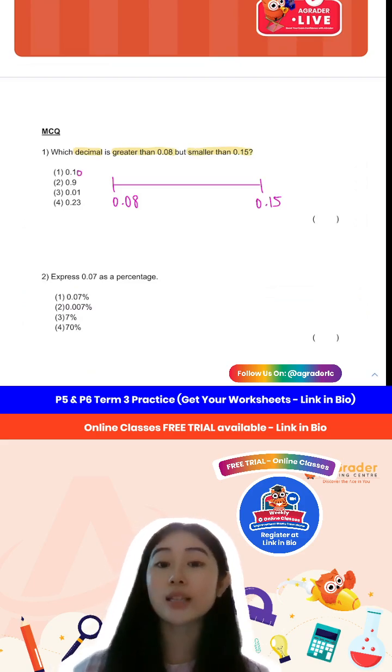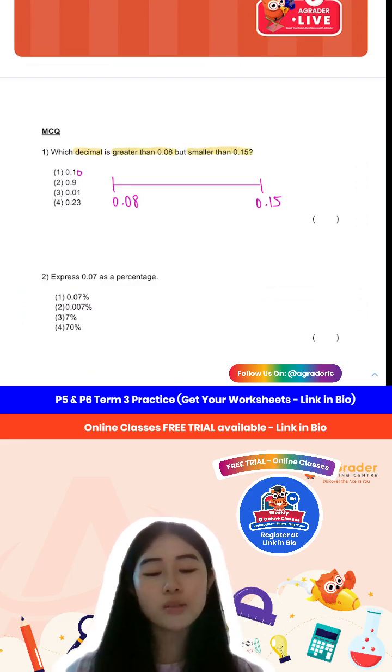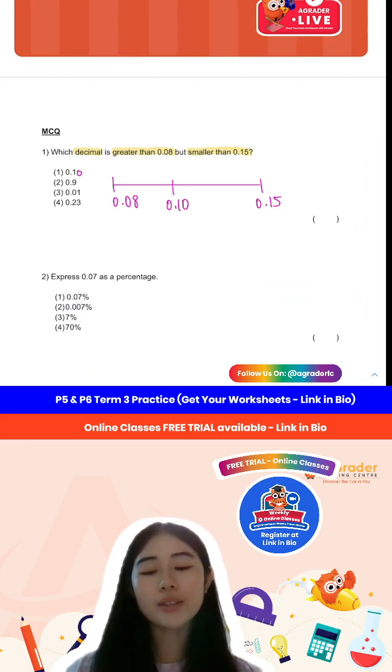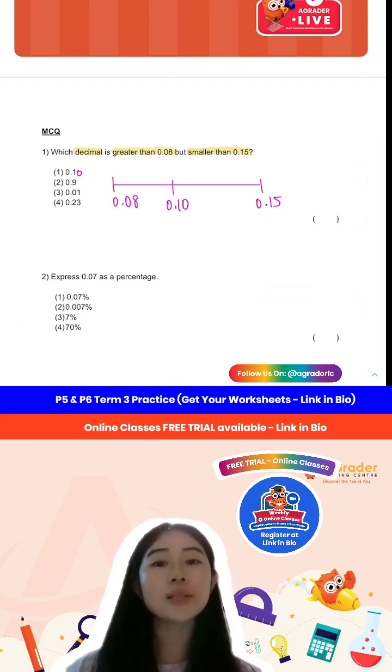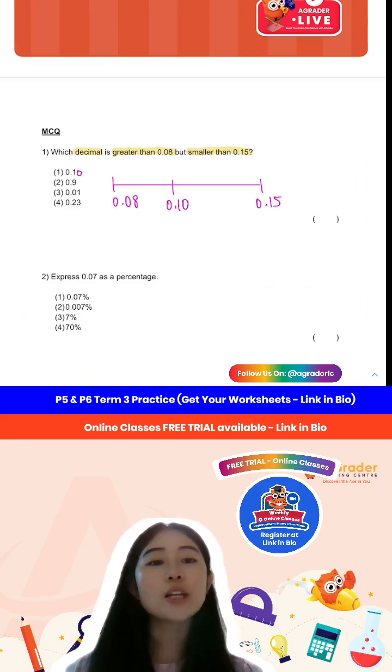If you add another 0 behind, it is 0.10. So it's somewhere over here, right? You can see that 0.1 is actually in the middle. So it is greater than 0.08 and it is indeed smaller than 0.15. So all of you are correct. Option 1 is the answer.